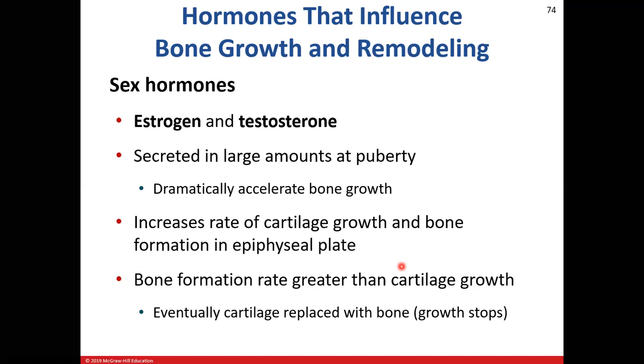It helps to increase the rate of cartilage growth and bone formation within the epiphyseal plate. And bone formation rate is actually greater than the cartilage growth. And at this point, when we get bone formation at a rate greater than cartilage growth, this is where we begin to fill in that epiphyseal plate. And this is where cartilage eventually is replaced with bone and growth stops.